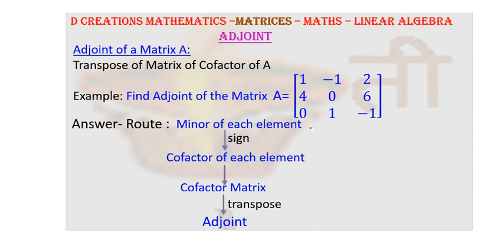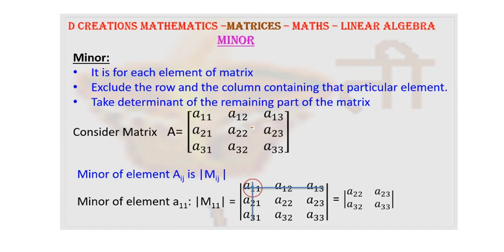All right. So let me remind you of what a minor is. We can find the minor for each of these elements. Again, here it's a 3 by 3 matrix. And how do you find it out? Well, if you are finding the minor for say element A11, then you should ignore all the elements in the same row as A11 and all the elements in the same column as A11.